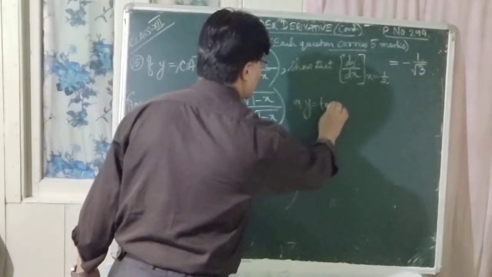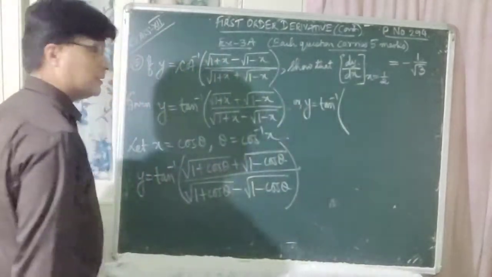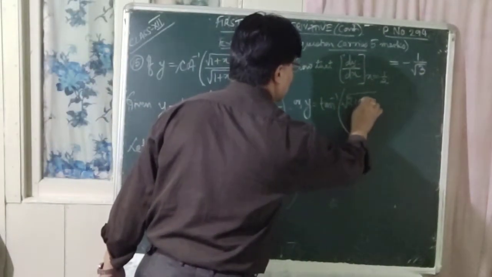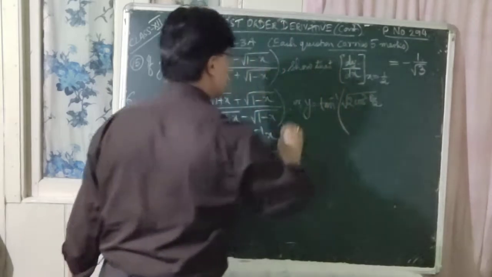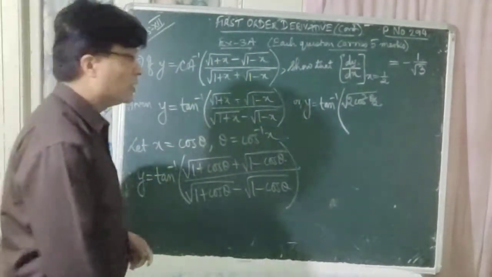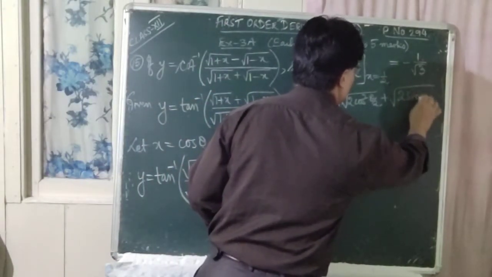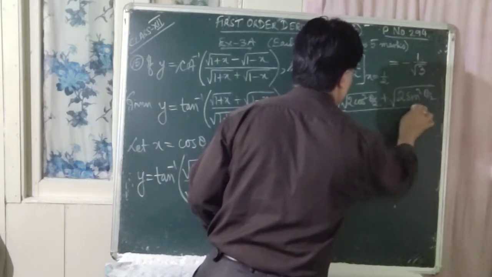So let's write down the formula here. Y is equal to tan inverse within bracket. Now within square root, 1 plus cos theta is 2 cos square theta by 2, plus within square root, 1 minus cos theta is 2 sin square theta by 2, right?